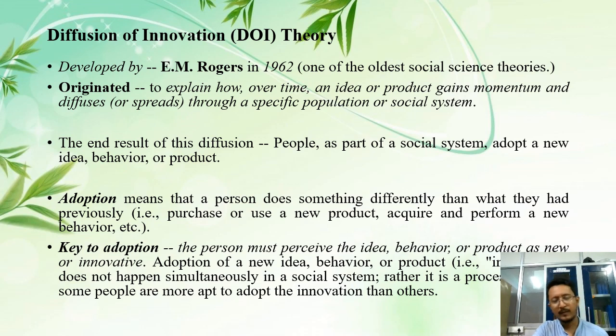So this theory further states that the adoption of a new idea or behavior that people do happens through stages, not simultaneously. Now let us look at the different stages that people go through in order to adopt a new behavior or idea.